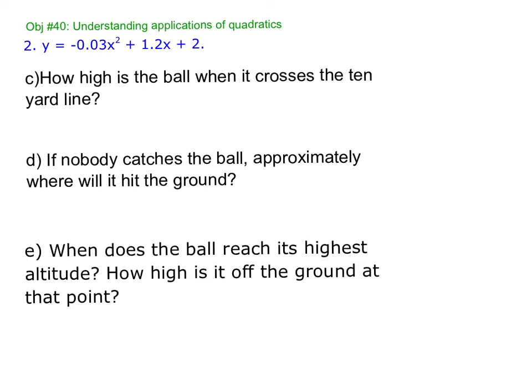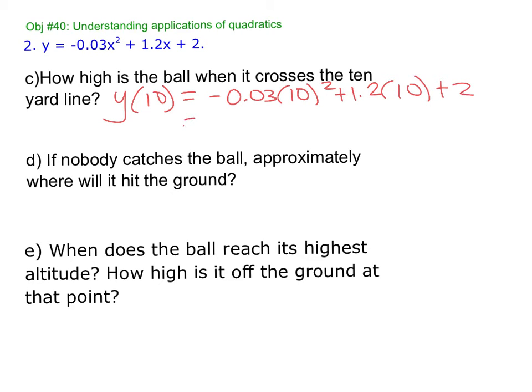Crosses the 10-yard line. Well, what does X represent? X represents how far the ball went, so I'm pretty sure we're just going to plug in 10. Y of 10. If I plug in negative 0.03 times 10 squared, unless I'm really bad and don't know anything about football, I could be doing this wrong.